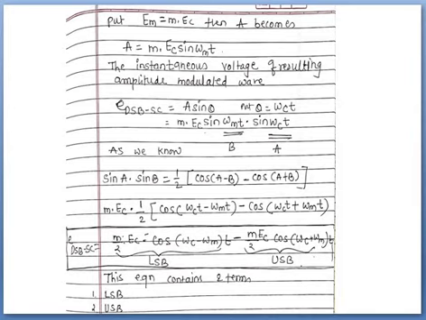So the new equation becomes E of DSB SC is equal to two terms, USB and LSB: m by 2 EC cos of omega c minus omega m t, which is the LSB term, and minus m by 2 EC cos of omega c plus omega m t, which is the USB term.